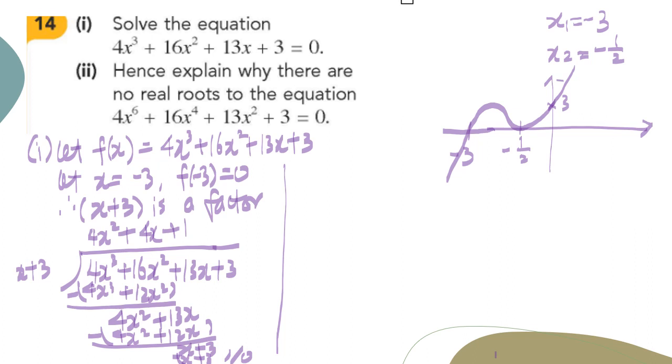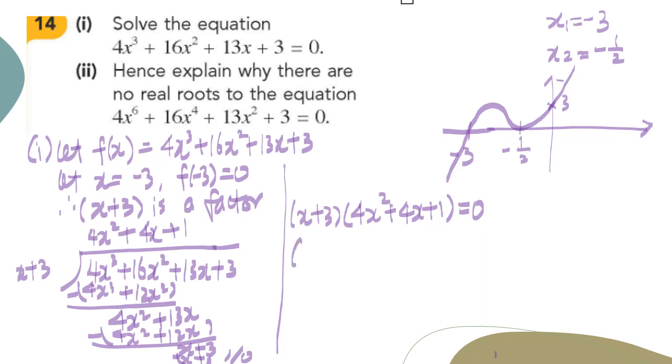Right, so we would end up having x plus 3, and the quotient that we get is 4x squared plus 4x plus 1, and that must be equal to 0, because we're solving an equation, so we have to let it equal to 0.